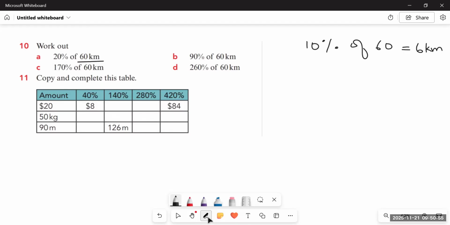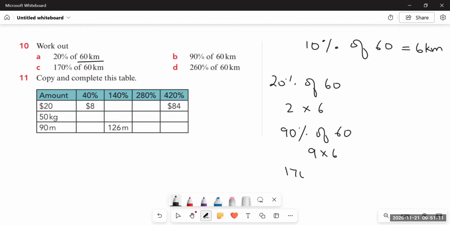Now, when we have to calculate 20% of 60, it would be 2 multiplied by 6. When we have to calculate 90% of 60, it would be 9 multiplied by 6. When we have to calculate 170% of 60, it would be 17 into 6.